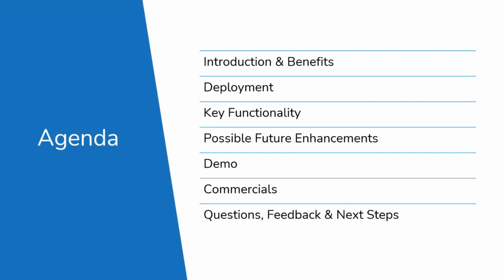So if you are currently a Cim50 user, you can get registered on our website and you can view and add wishlist items and suggestions on there, and we can look to consider them for future releases. We then drop into a demo of the graphical scheduler, then talk about the commercials, and then any questions, feedback, and possible next steps.